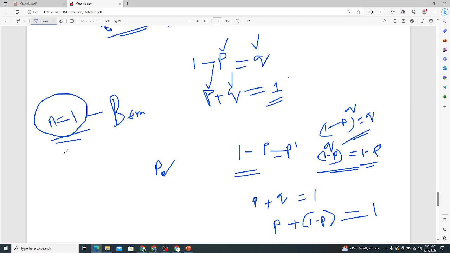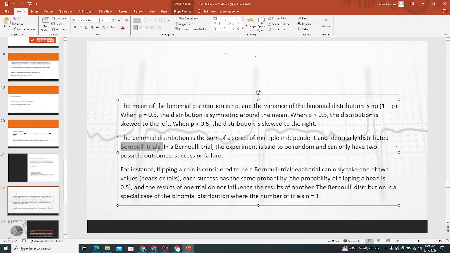If n is greater than 1, say 2, then this becomes binomial distribution. So a binomial distribution of one trial is a Bernoulli trial, or Bernoulli distributed.